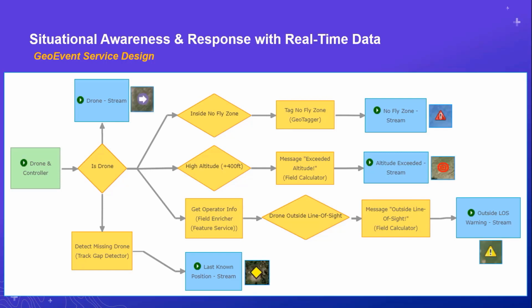But ultimately, using stream services, this is how we were able to visualize the different types of alerts that you saw in all three demos, whether it was the drone's position, the red alert showing that the drone entered a no-fly zone, maybe an altitude was exceeded, exceptions, and things of that nature.